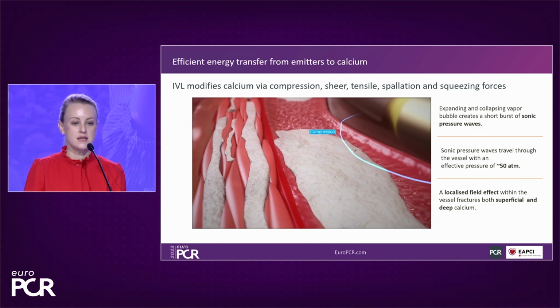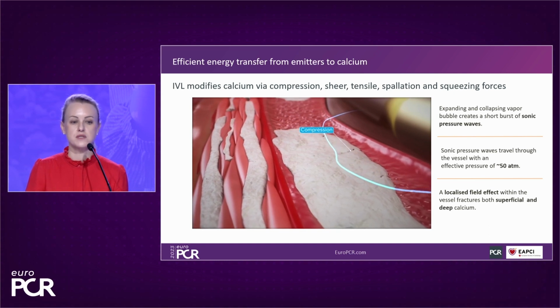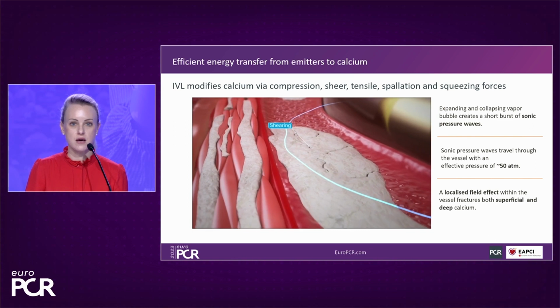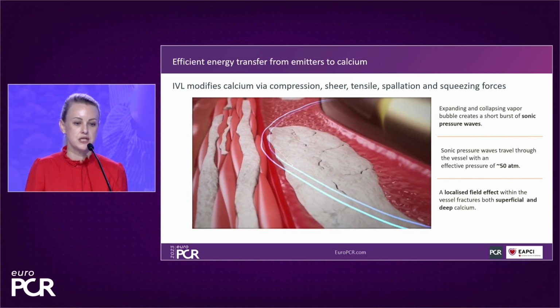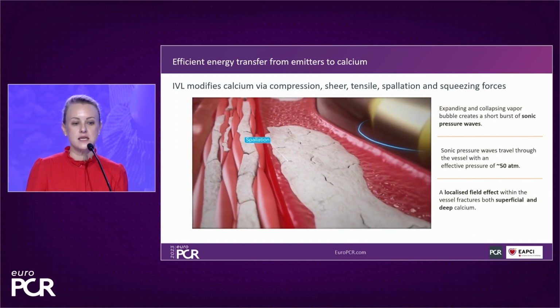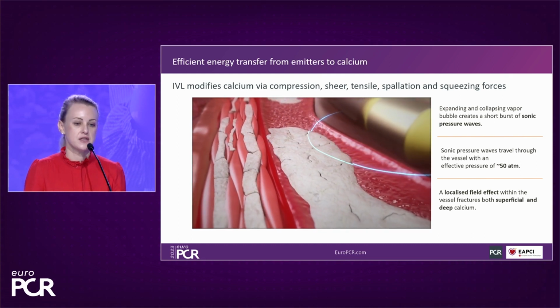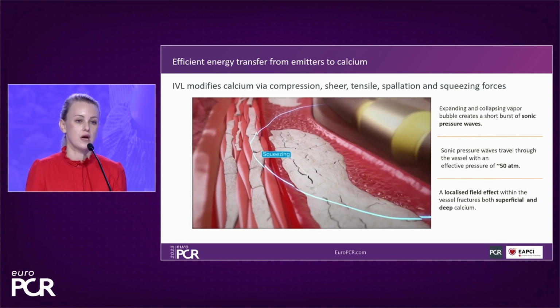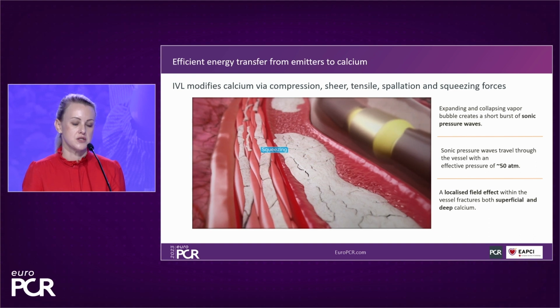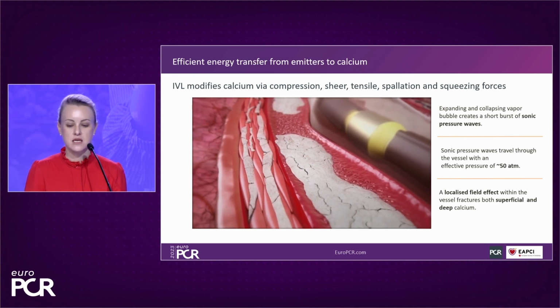When the shockwave encounters the edge of the calcium, it causes compression, and then as it travels through the calcific lesion, it causes a shearing effect. When it encounters the outer edge of the calcific deposit, there's both propagation and reflection, which causes a tensile pulling-apart effect.